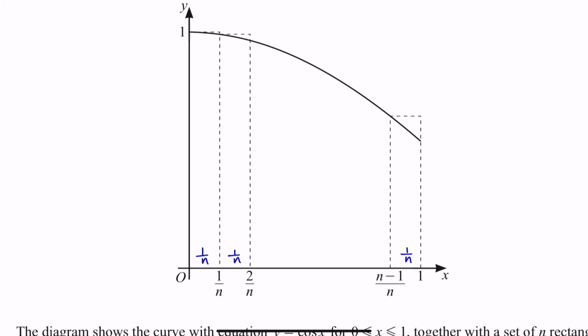And the height of each rectangle, you can see that for the first rectangle, the height is f0. Second rectangle is f1 over n. And for the third rectangle, we have the height of f2 over n. And so on and so forth until the last rectangle, we have the height of f(n minus 1) over n.